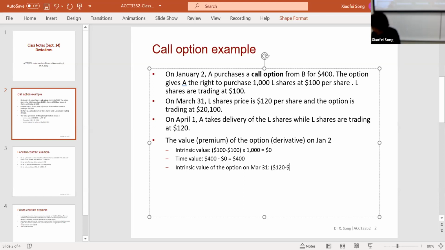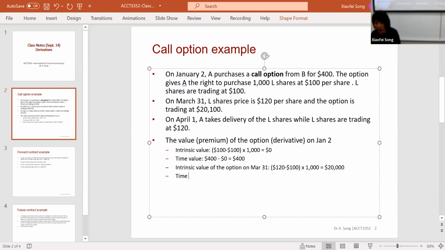And with the option, A's price is 100, and the option allows you to purchase 1,000 shares. So the intrinsic value is $20,000. Okay, so now things have changed.